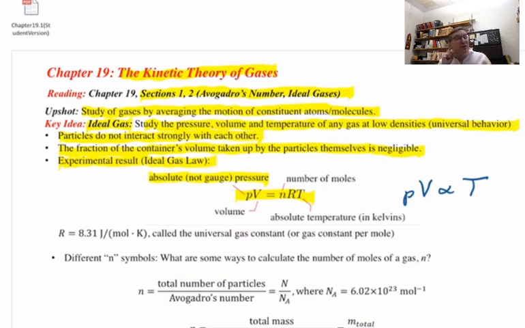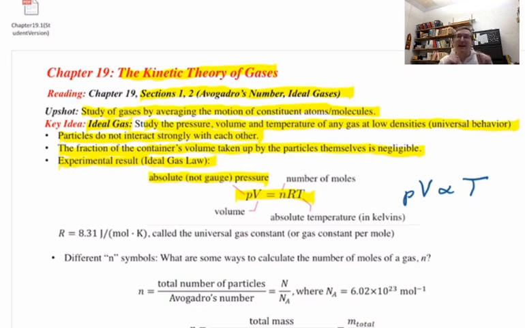A lot of times engineers and experimental physicists, that's what they actually measure with a pressure gauge: how much the pressure of the gas deviates from atmospheric pressure. How much above atmospheric pressure is it? Or how much below atmospheric pressure is it? That's called gauge pressure.